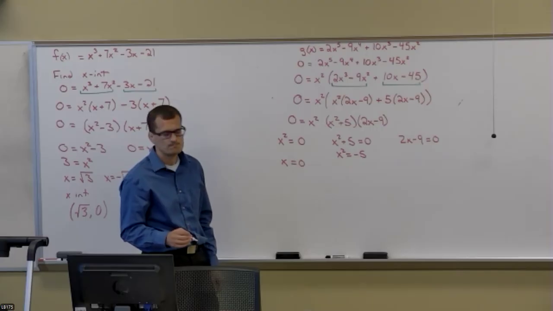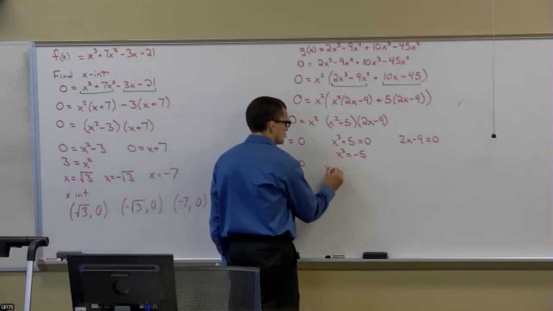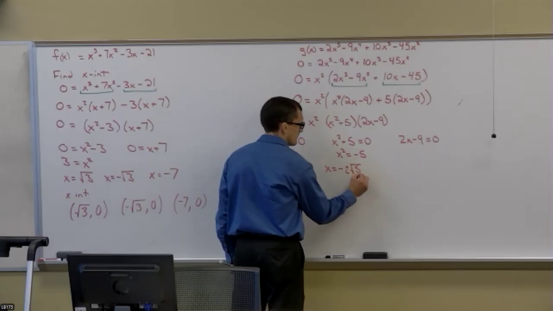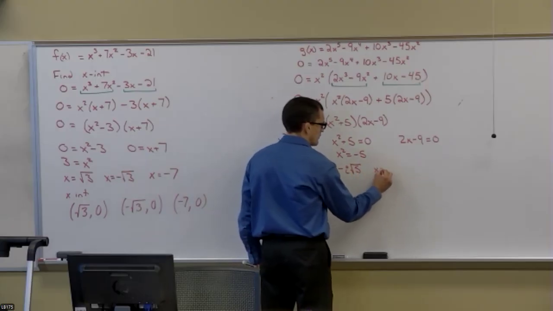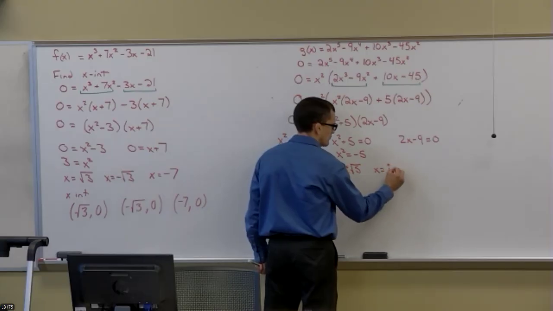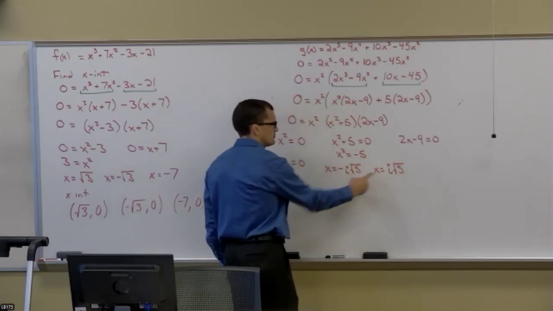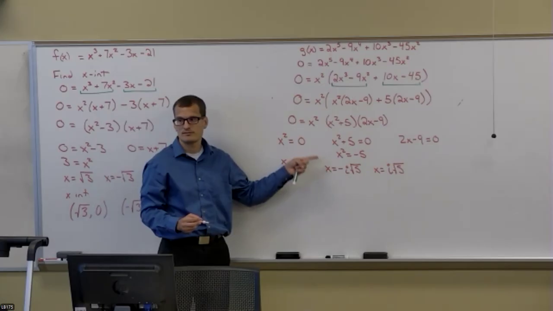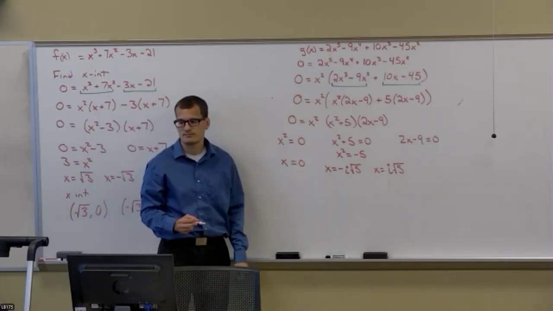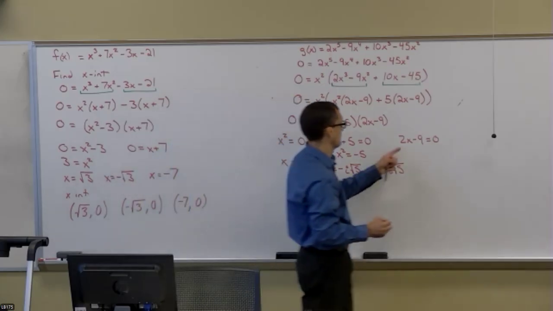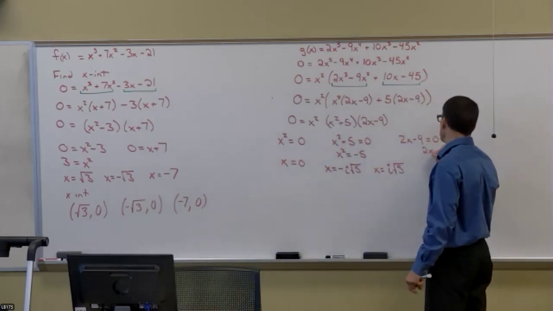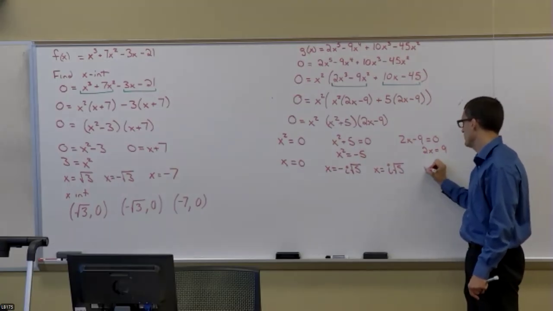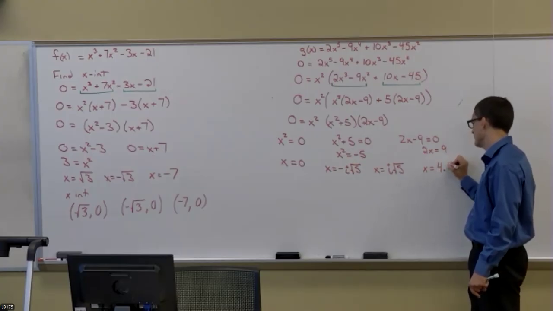So we get x is equal to negative i root 5, and x is equal to positive i times root 5. So I got two imaginary zeros in this scenario. And for this one, we'd have 2x is equal to 9. Dividing both sides by 2, we'd get x is 9/2, or 4.5 as a decimal.